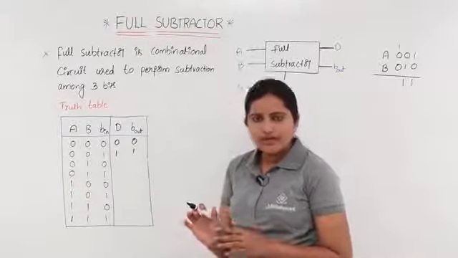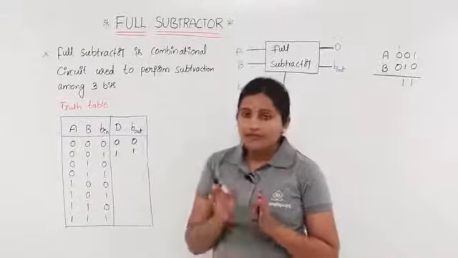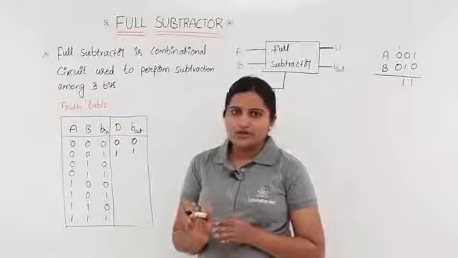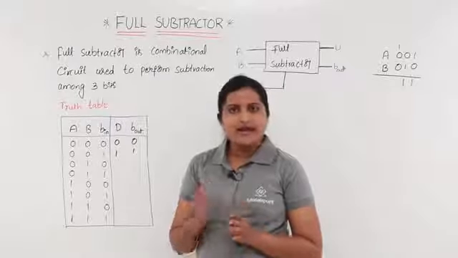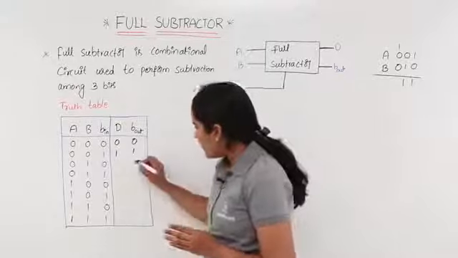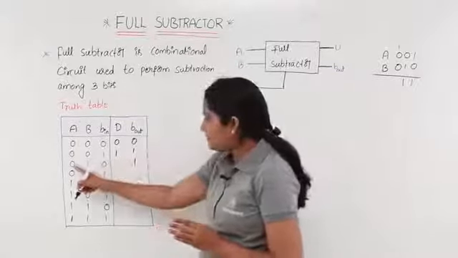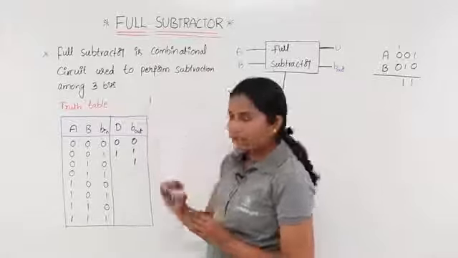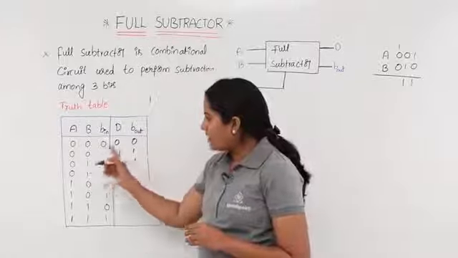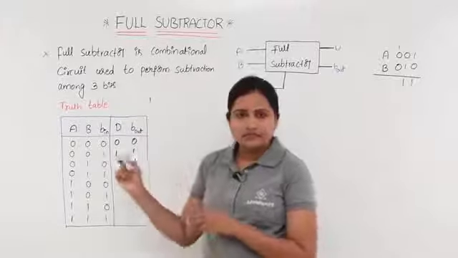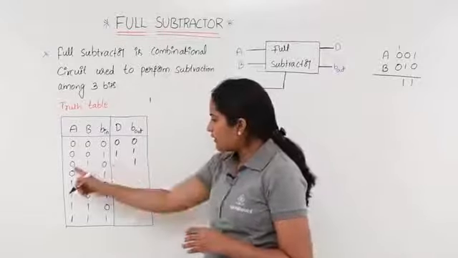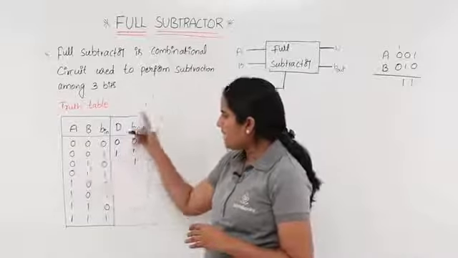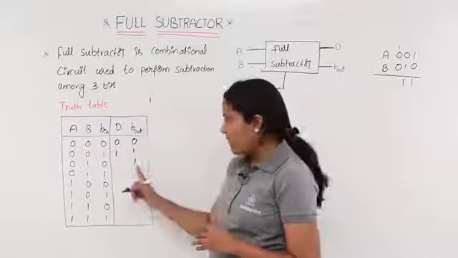Whenever we do 0 minus 1, you get difference 1 and borrow 1. That borrow you just mention here, and the difference, keep it in mind, and after completing the next subtraction you put the difference.